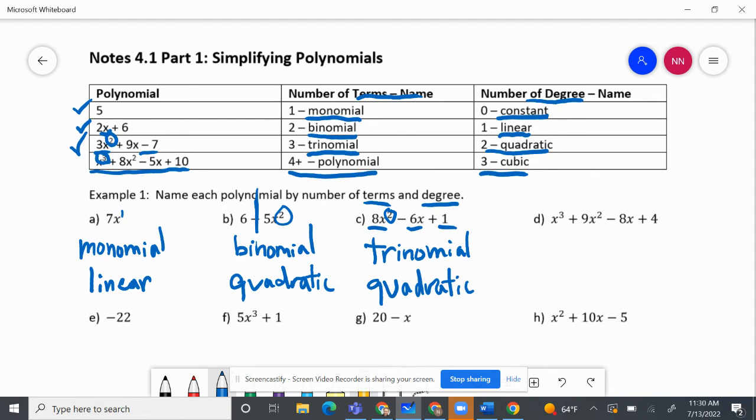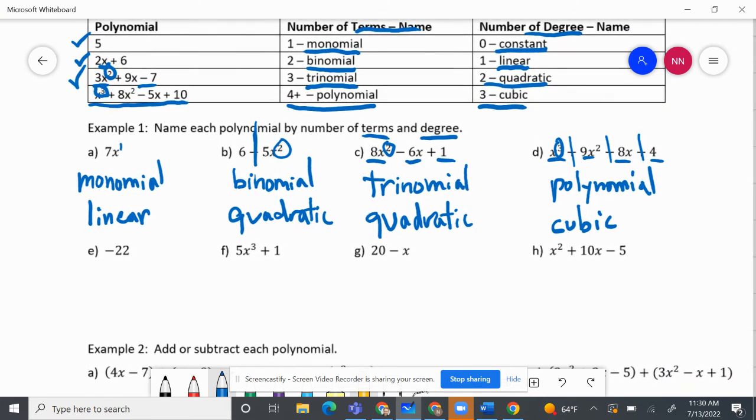And then for the next one, we would call this a polynomial because it has 4 terms. And we would call this a cubic because it's degree 3. Pause the video and try the next 4 and see how you do.